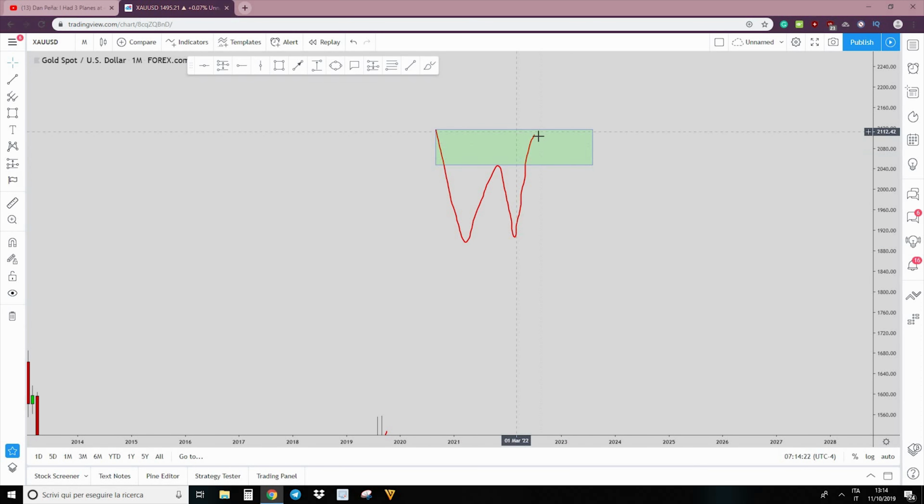Now, when you see a W formation and the market is inside of this region, normally we will see a pullback to the neckline, and then if higher time frames are in confluence with the view on lower time frames, then the market will continue to the upside if they are bullish, or the market will break the neckline and then create a retest and continue to the downside if higher time frames are bearish. So if they're bullish, the neckline will be respected as previous resistance, now support, or if the higher time frames are bearish, then you will see a break to the downside, a retest, and continuation to the downside.